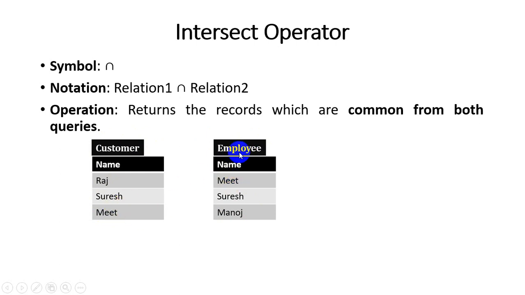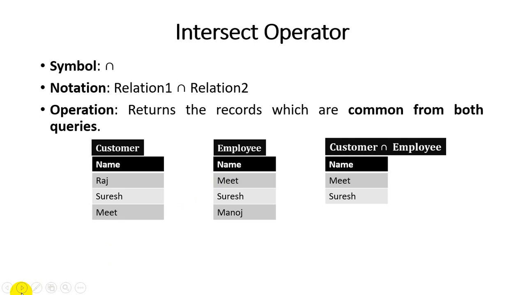Without applying the intersection operation, you can easily see that Meet and Suresh are common names among the relations. So as the final result of applying the intersection, we get Meet and Suresh, because both are common to the two relations.